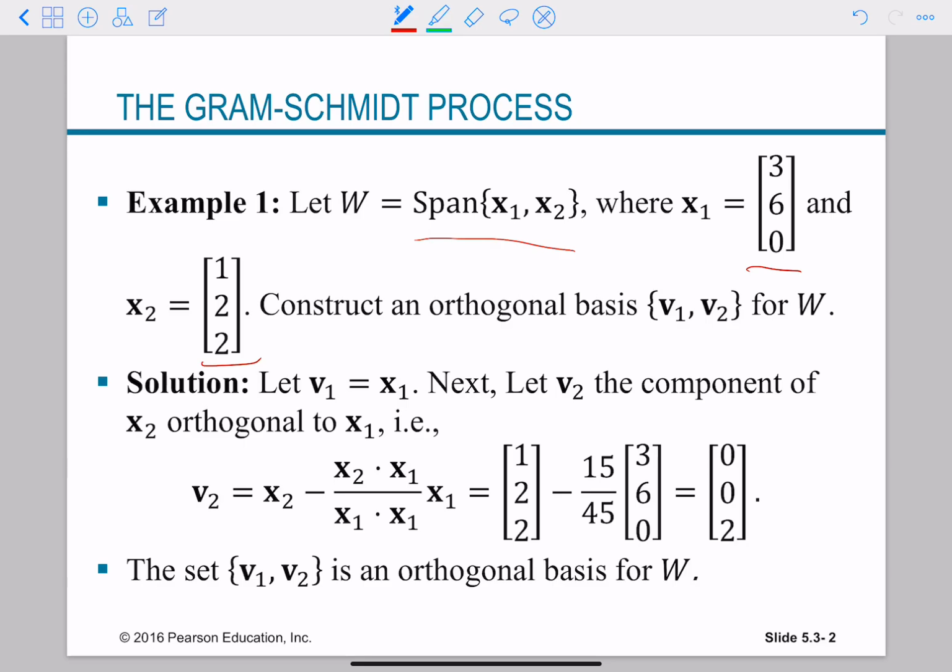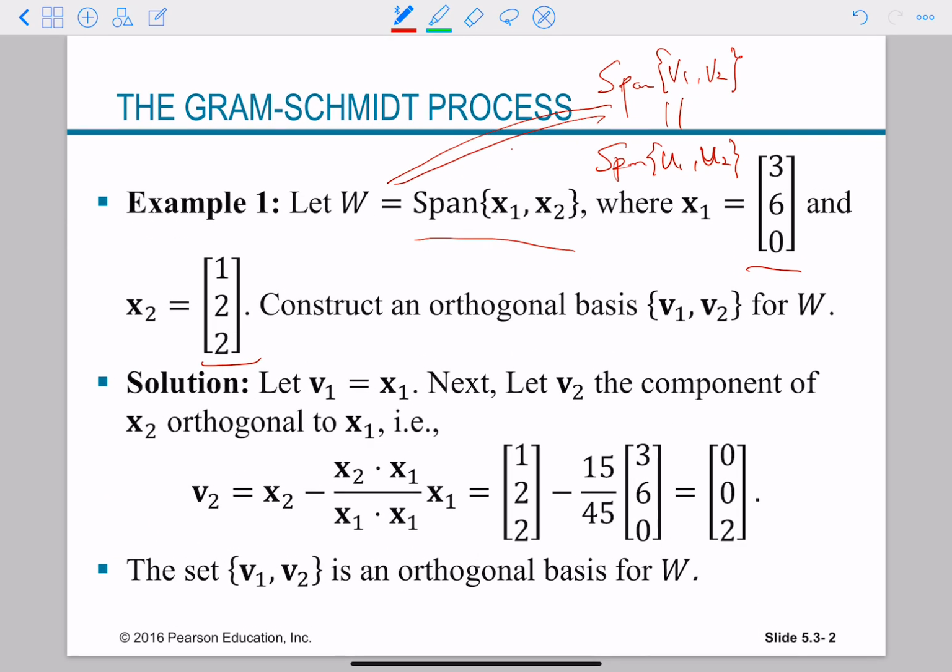So in this case, how can we obtain orthogonal basis vectors v1 and v2 that span the same subspace W, or even further, orthonormal basis vectors? Okay, that's what we want to achieve here.